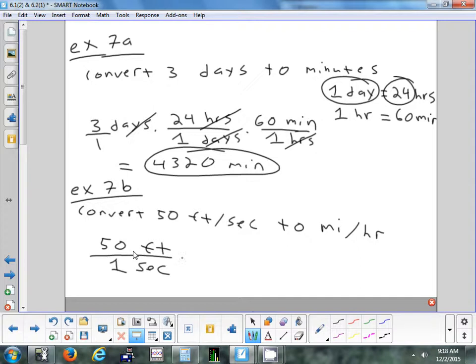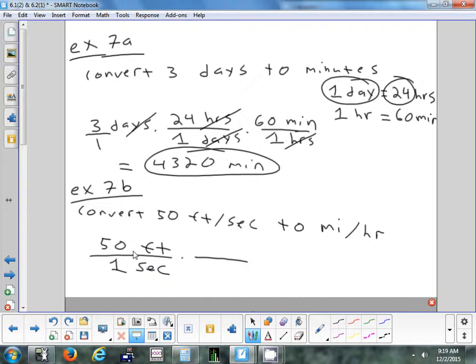All right, so this one we have 2 units we have to change. We've got to get feet to miles, we've got to get seconds to hours. Okay, and it doesn't matter which way we do it first. So you want to deal with the length first or the time first? Length. All right, so we're going to get feet to miles. That's one conversion. We go directly from feet to miles. Even if you don't know the number, where does feet have to go?